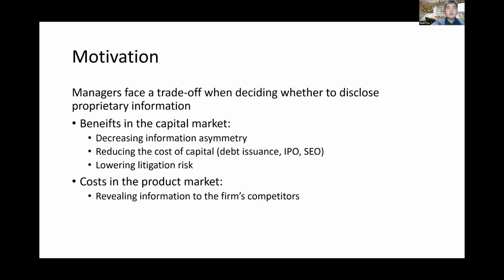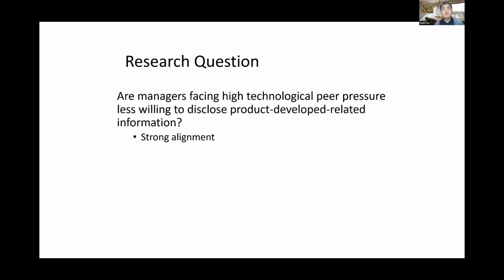This is the example we want to talk about. And so what's the question here? What we are trying to tell managers is that if companies are facing competitors who have similar technology, then they should not disclose the information because it's too risky.